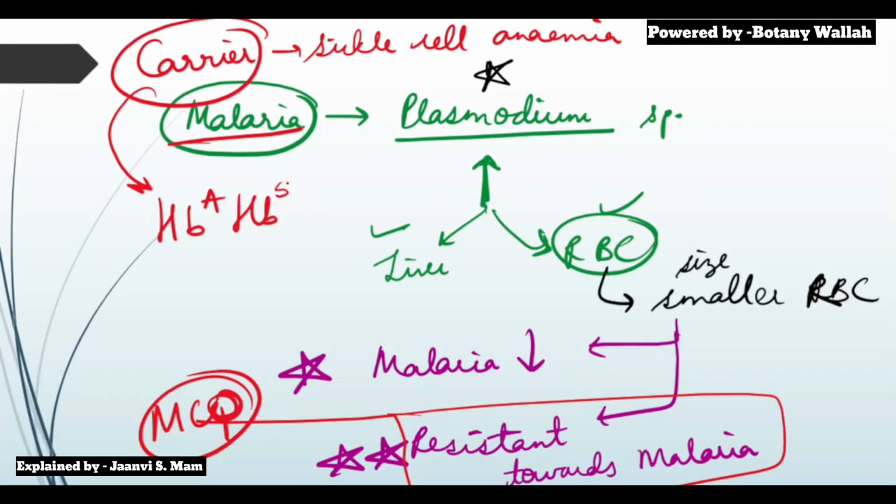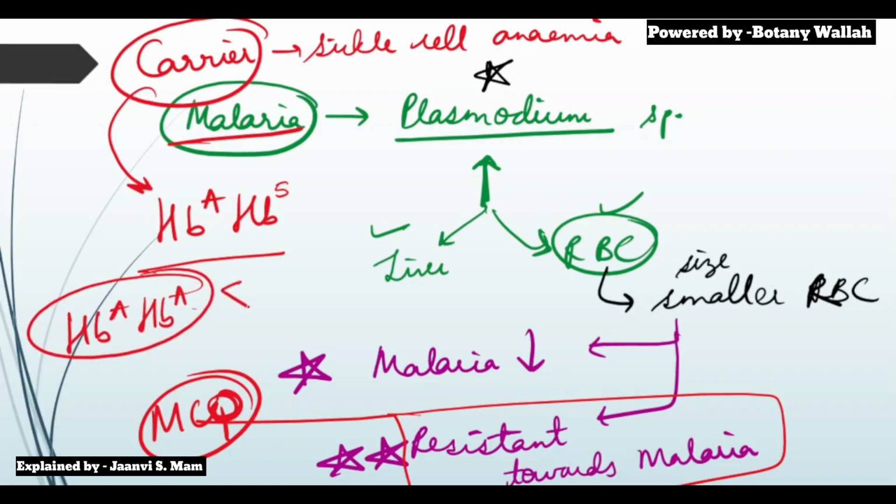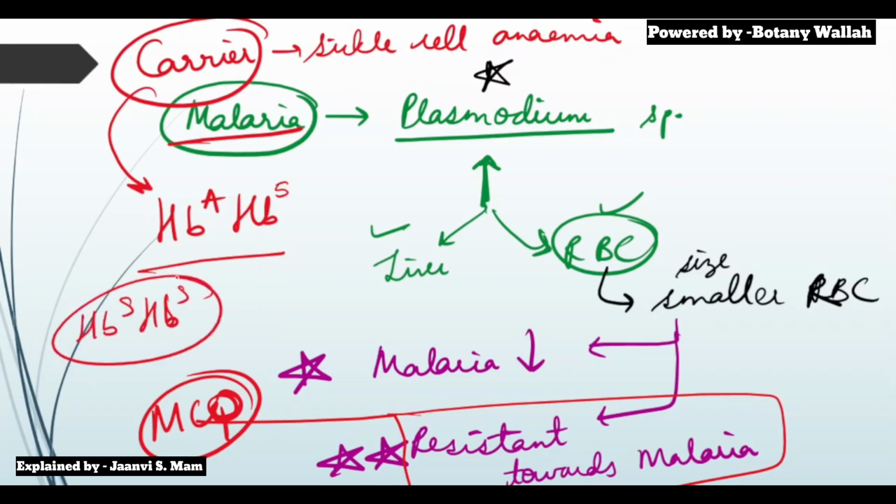Suppose a person stays at a location where malaria is spreading more. If that person is HbA, this person will die of malaria. And if the person is HbS, this person will die of sickle cell anemia.